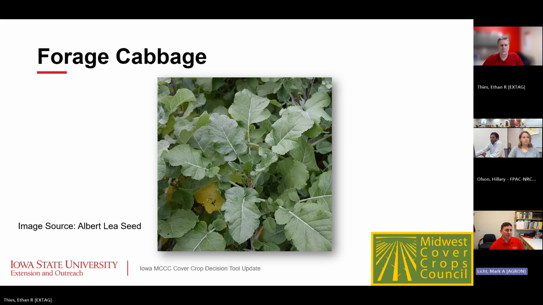So if considering forage cabbage for grazing purposes, it's probably wise to put it into a mixture with some other species just to help eliminate that problem. Probably also good to note that you'll find it in other states on the tool listed as Ethiopian or African cabbage, or in some seed sales listed as those species as well.